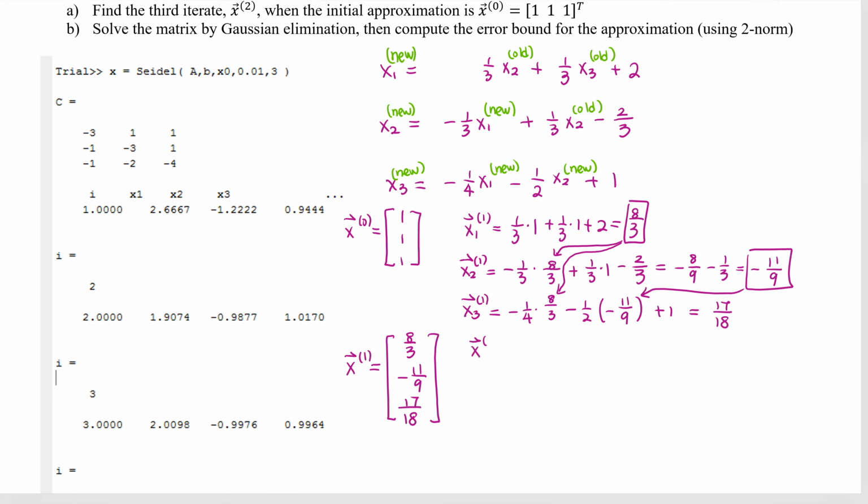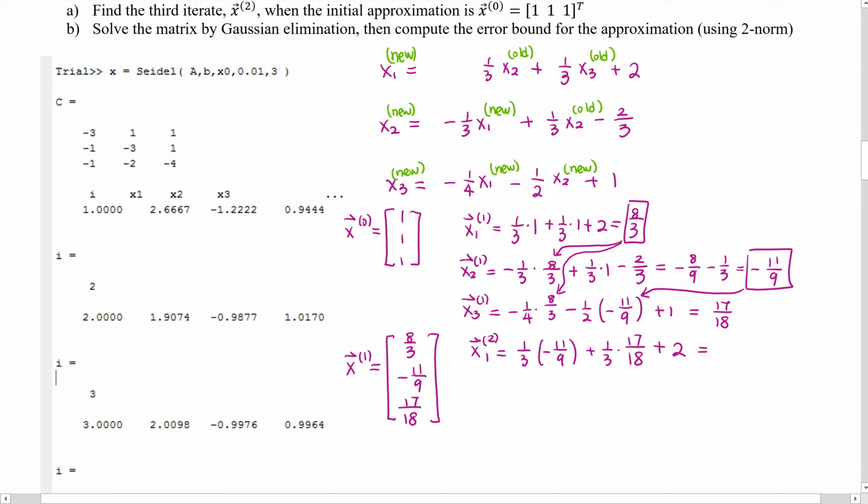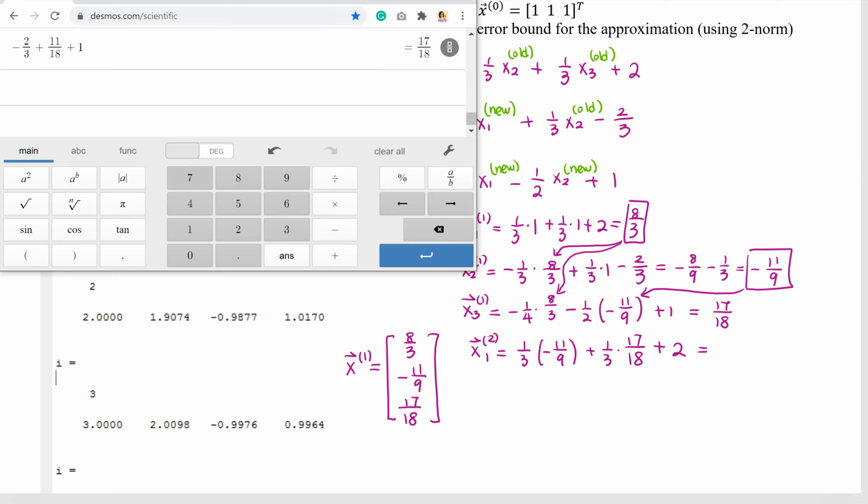Now let's calculate x2. The first coordinate is 1/3 of x2 old, which is minus 11/9, plus 1/3 x3 old, which is 17/18, plus 2. Calculator, we need you.